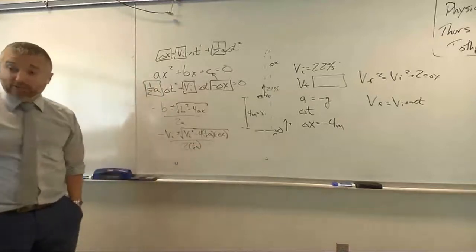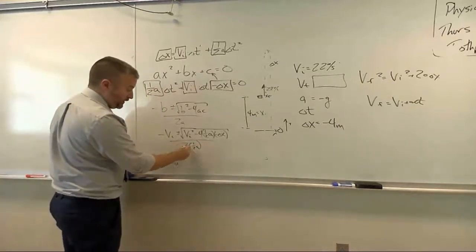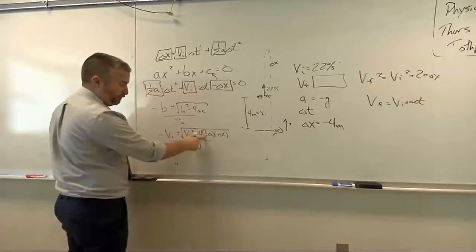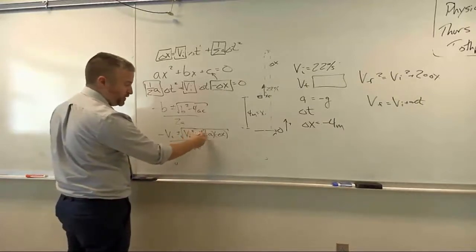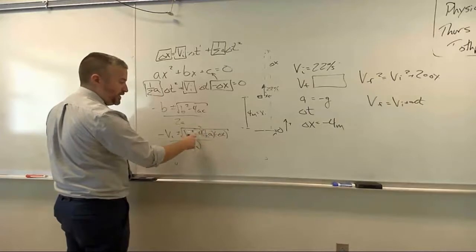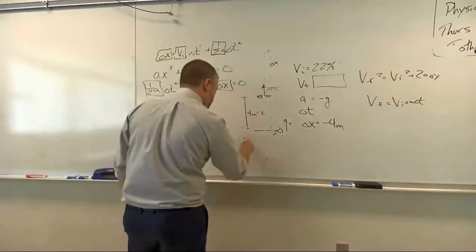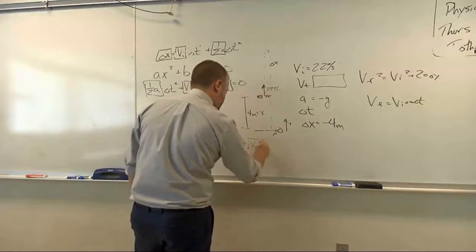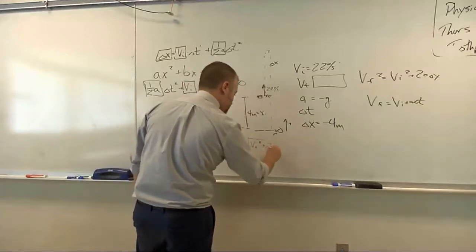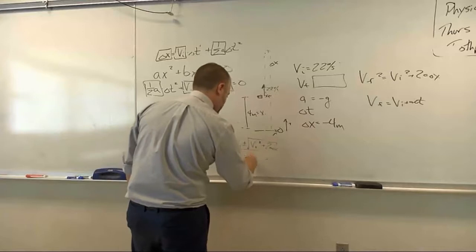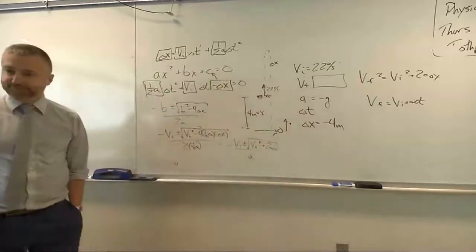And now let's simplify. 2 cancels with 2. The 4 would cancel with this 2 to give us 2 there. And the negatives would cancel, simplifying to negative vi plus or minus the square root of vi squared plus 2a delta x all over a.